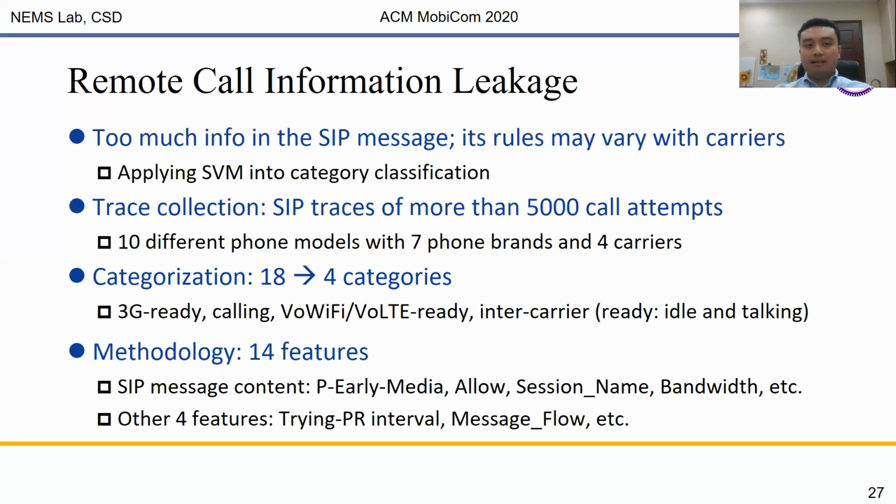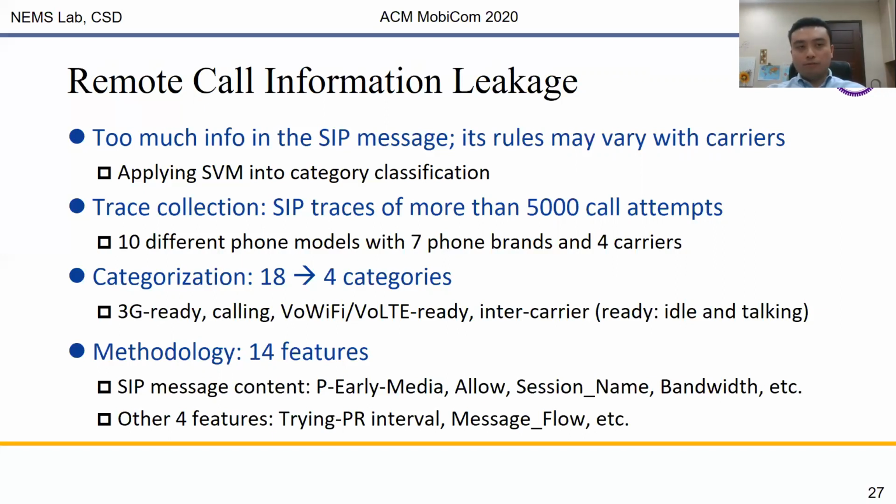In total, there are 18 categories, but since we are not able to differentiate all of them, we group them into 4 categories. They are 3G, ready, calling, via Wi-Fi, VoLTE ready, and inter-carrier. Ready includes both idle and talking states because we are not able to differentiate them, but it is fine for our attack.